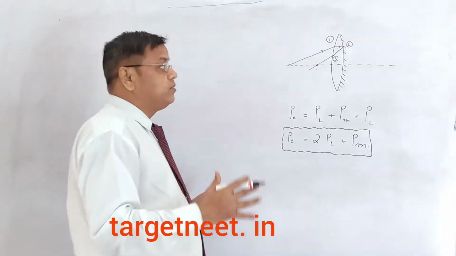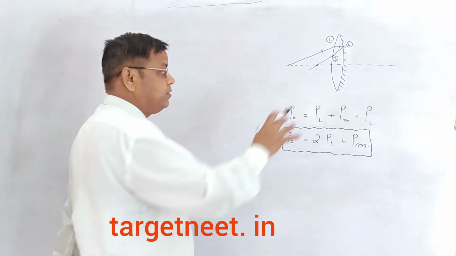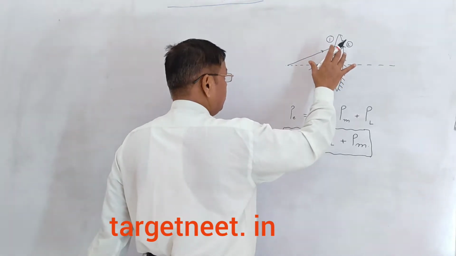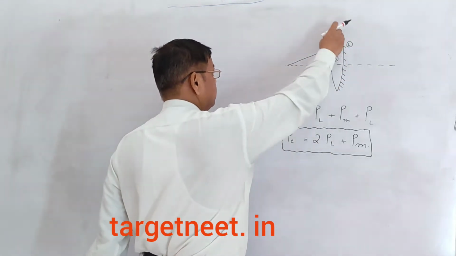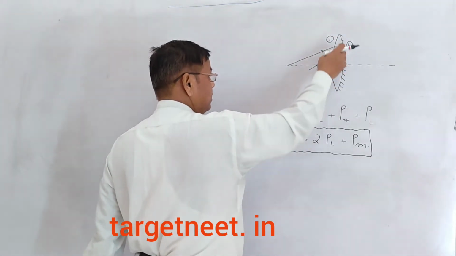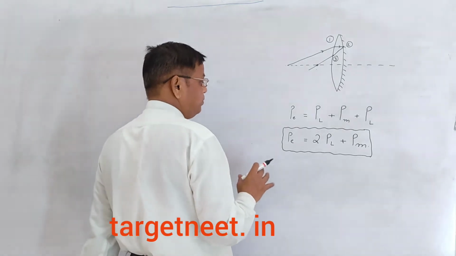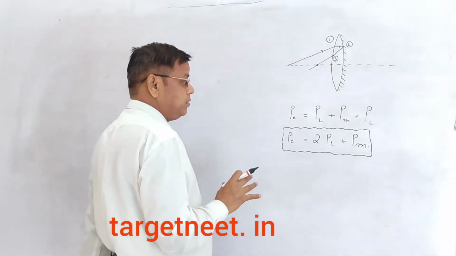Now this whole system behaves like a mirror, because the image is formed on this side due to reflection, and light is not allowed to go to the other side.